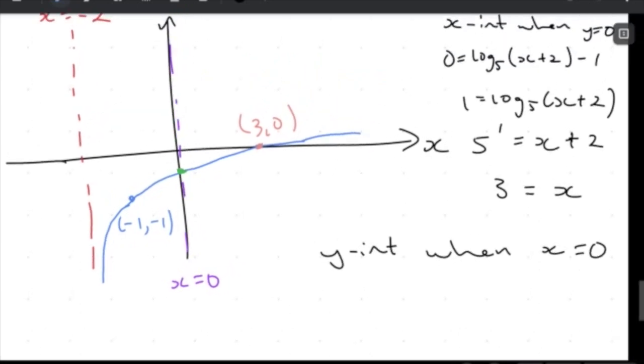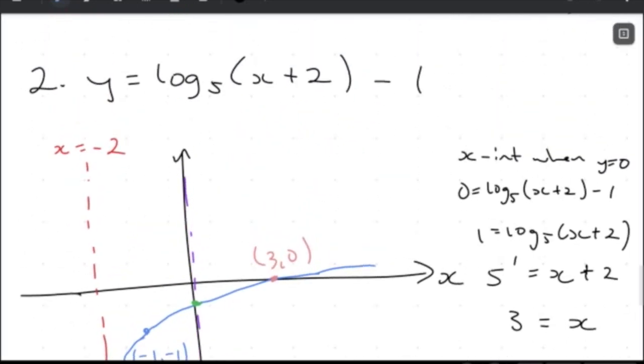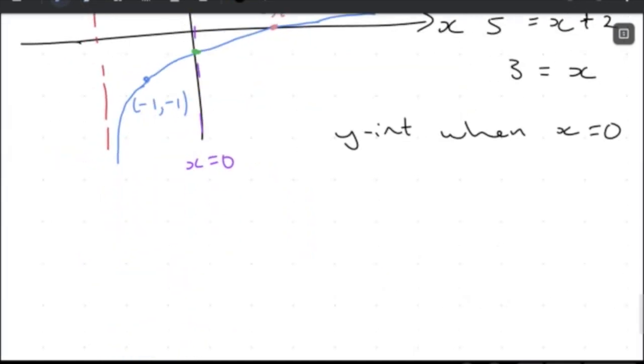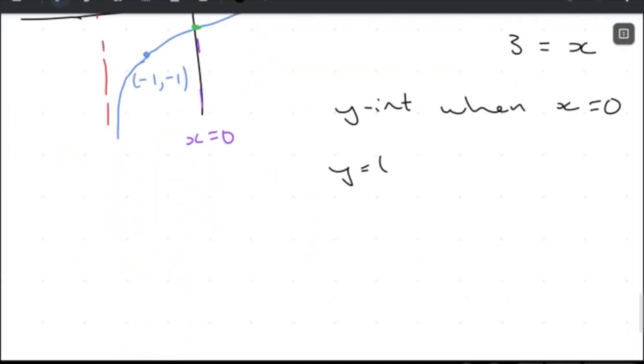So, substituting 0 in for my x in this equation, my y equals log to the base 5 of 0 plus 2, minus 1. And that gives me log to the base 5 of 2, minus 1.